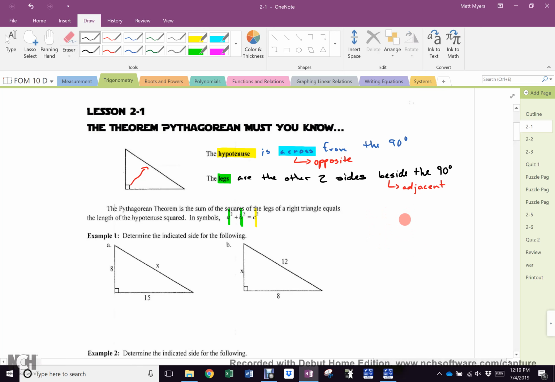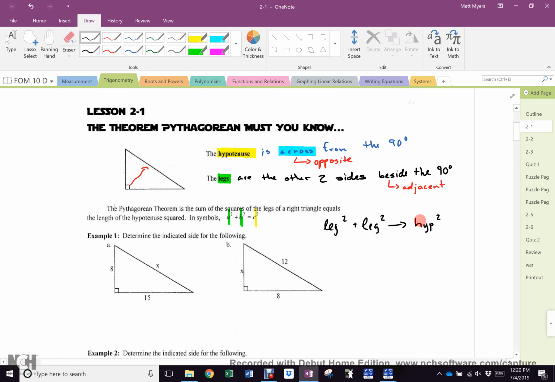Now, you all also know that it is a squared plus b squared to find c squared, which means I take a leg and I square it. And then I add another leg and I square it. And that gets me to the hypotenuse squared. But what if I already know the hypotenuse?